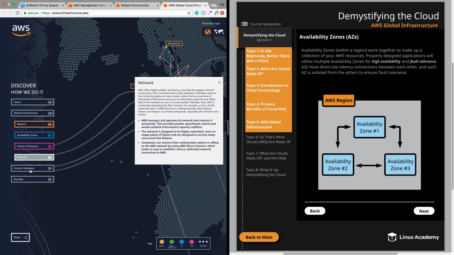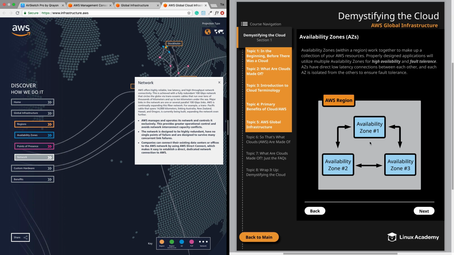So there are some other things on here that we're not going to directly cover, but just be aware that they're there. So far, we've talked about the region and we talked about the availability zones and how the availability zones are able to replicate data between them for high availability. Remember that this high availability is not always automatic.